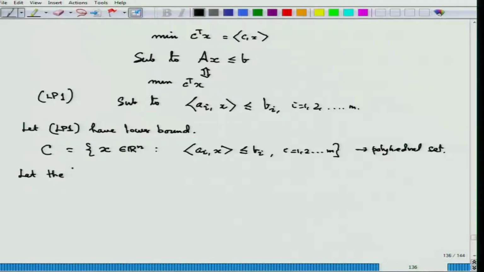So, let the lower bound be M, which means that C transpose X is less than or equal to M for all X in C. That is exactly the precise meaning of the lower bound.